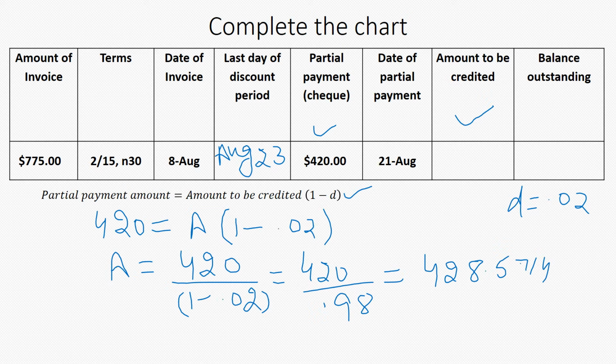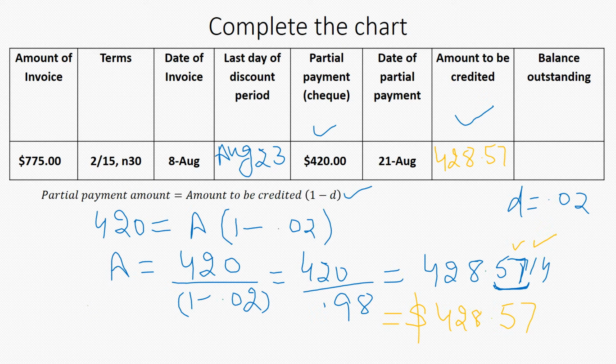428.5714. Consider the 4 digits after the decimal, and then because we are talking about money, we'll round off to only 2 digits, right? Now here the third digit is less than 5, so 7 stays as it is. So my final amount is 428.57. Okay, so this is our amount to be credited, 428.57.